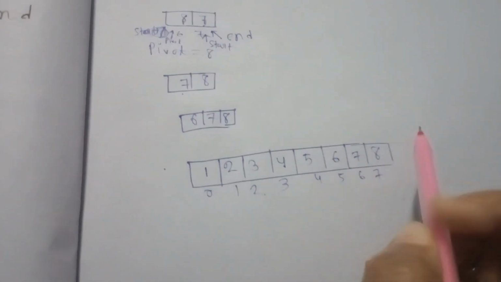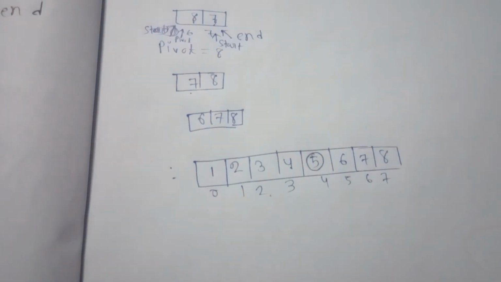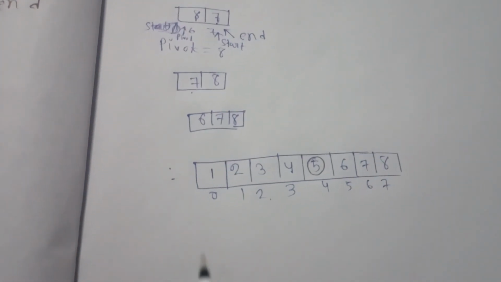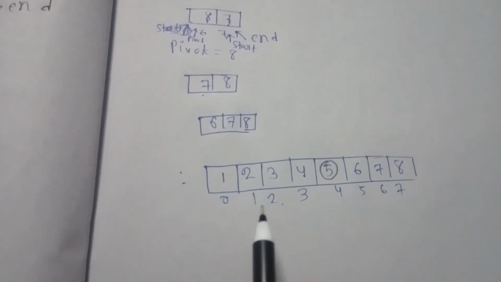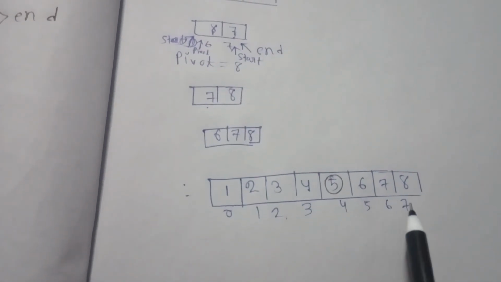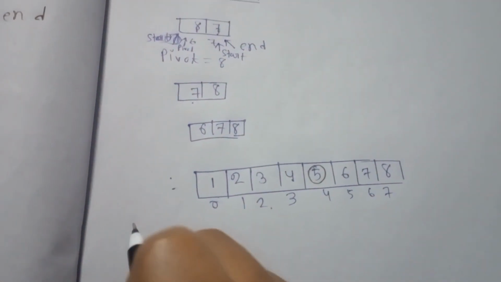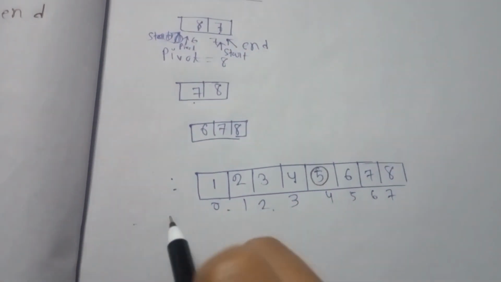This is the index number, and we can see that the left side of the pivot element are less than the pivot element and the right side of the pivot element are greater than the pivot element, and this is in ascending order and sorted.